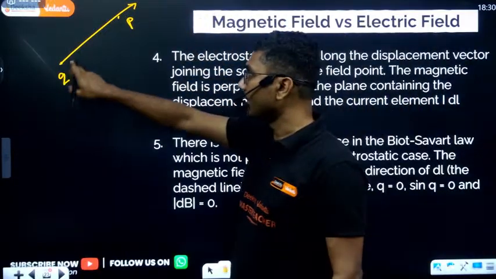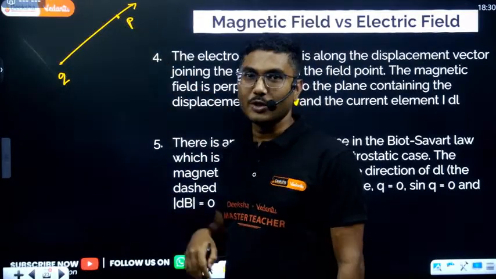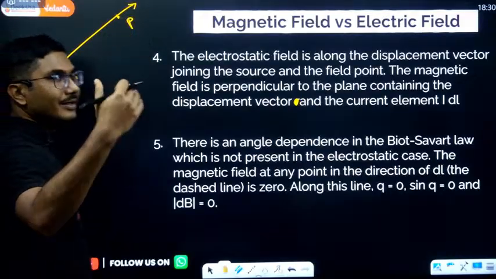This is the displacement vector. Nothing new, nothing super complicated. Displacement vector means you join the two points and extend it, that's it.